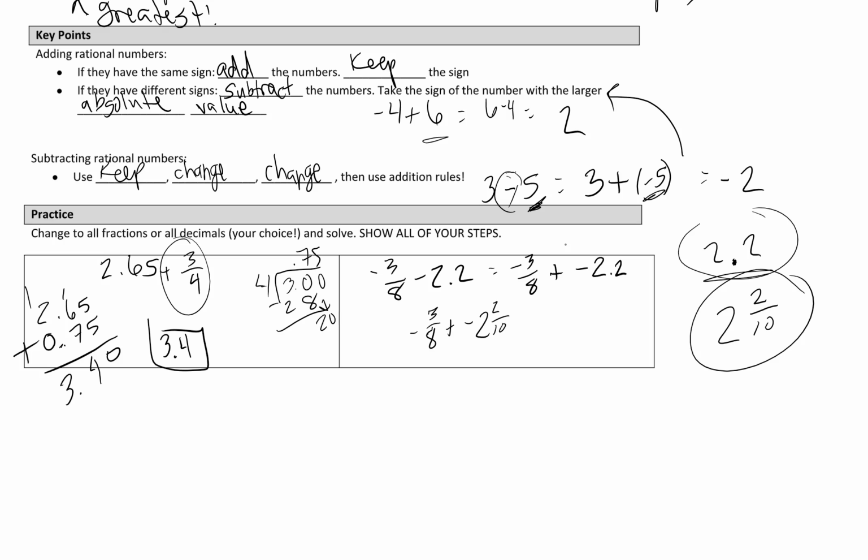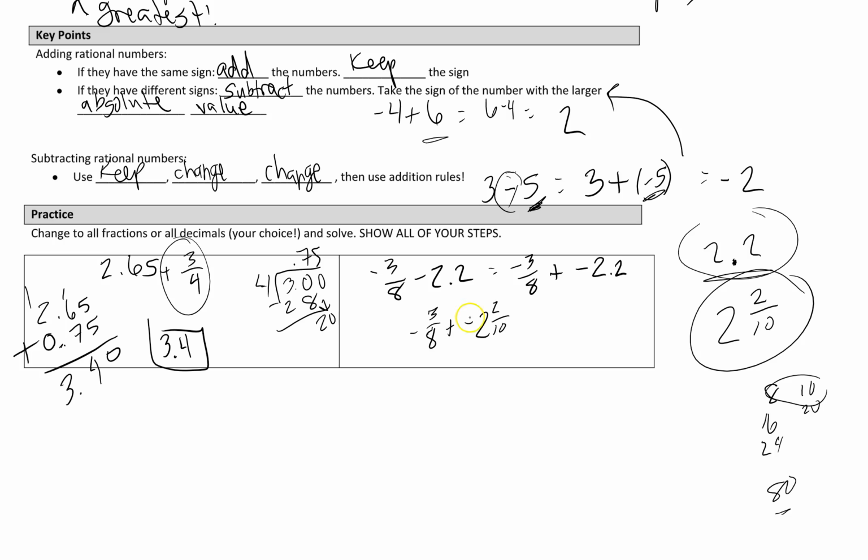Now I have a tenth and an eighth. That's no good. We need to make some common denominators. So between 8 and 10, I can imagine listing out all my fractions and keep going. Or I could say 8 times 10 I know is 80. So 80 is going to be my common denominator. You could also think maybe that number could be smaller, but we could simplify at the end.